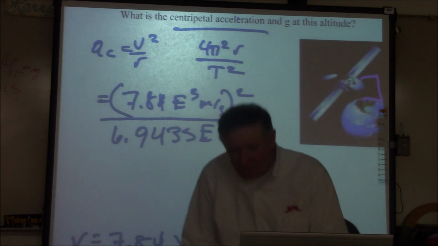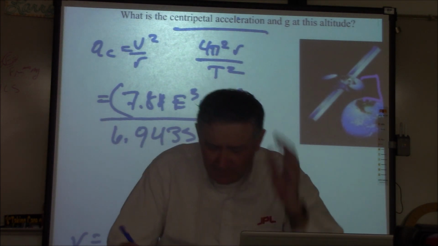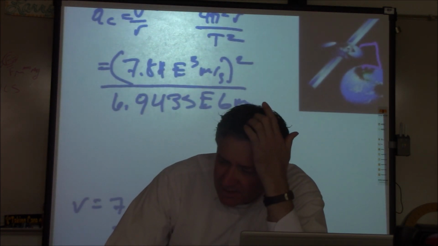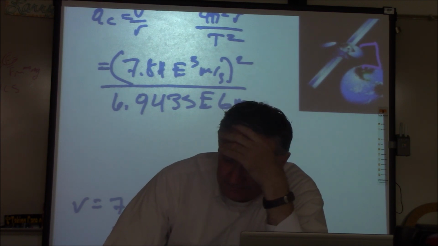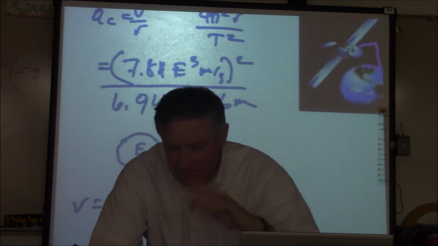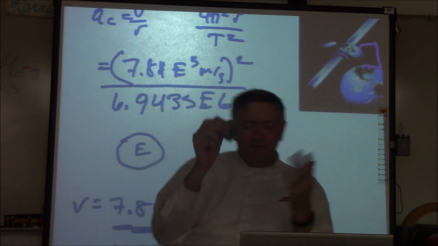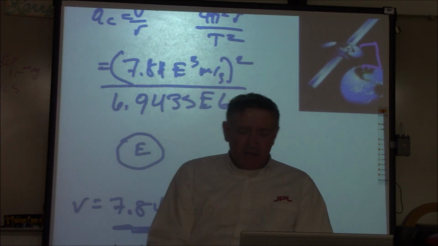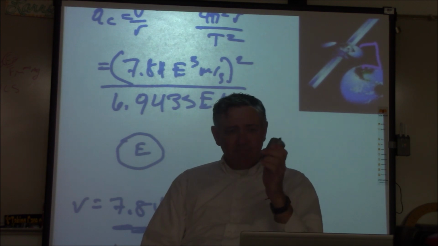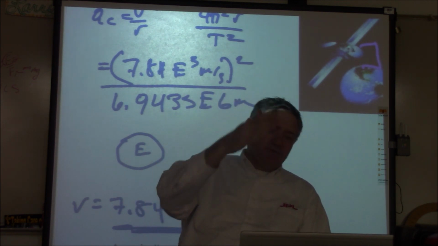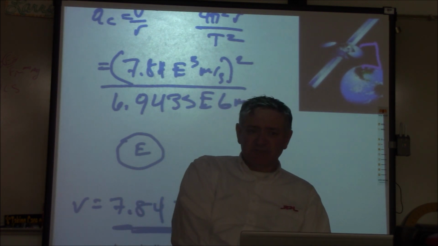Now, before you get an answer, let's just think this through. So here's the Earth. If I'm on the surface of the Earth and I drop this 1 kilogram mass, I know it's going to accelerate at 9.8 meters per second squared.